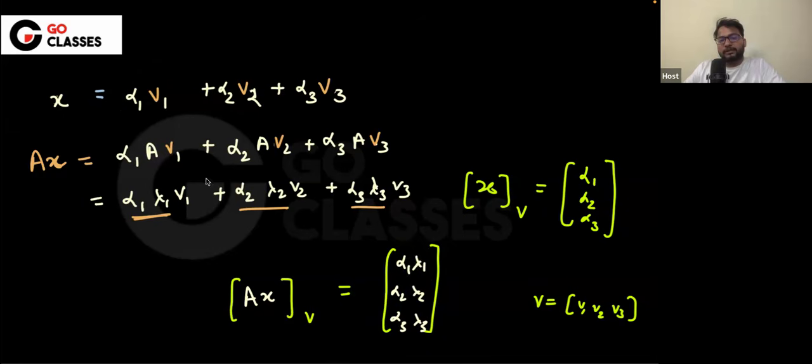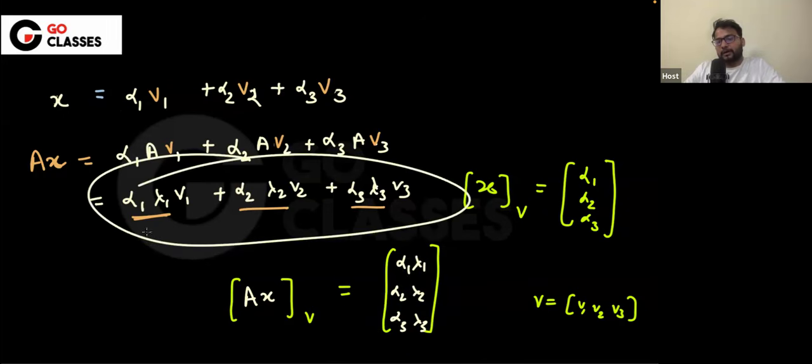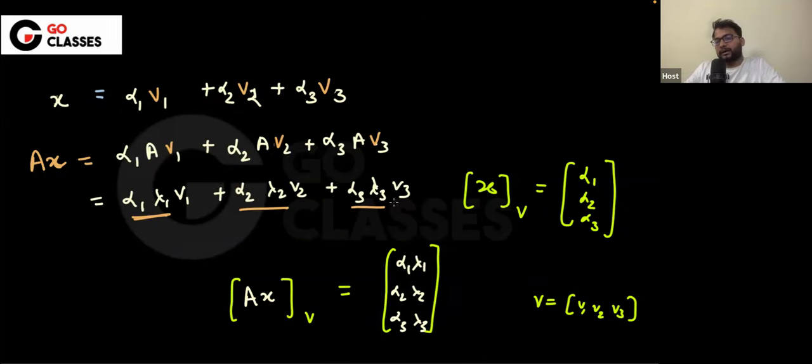But obviously, these are not the standard coordinates. Ultimately, whatever you are getting are the standard basis coordinates. But if you look at x and Ax with respect to the eigenbasis, then these are the coordinates with respect to the eigenbasis, and these are the coordinates with respect to the eigenbasis. So now you see the similarity.